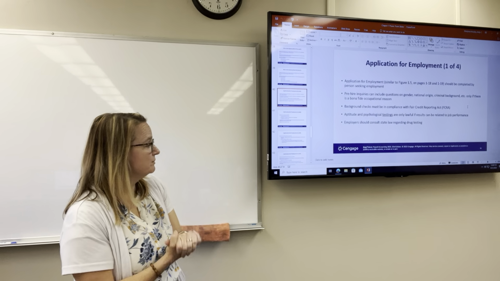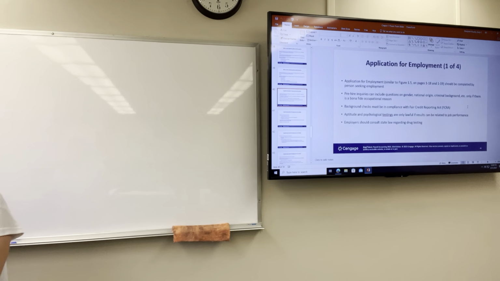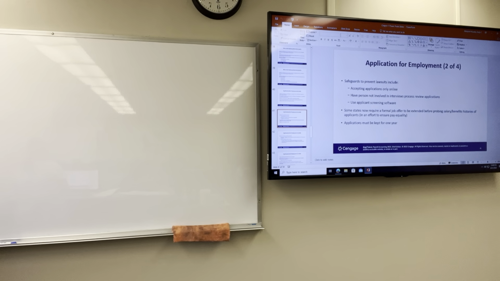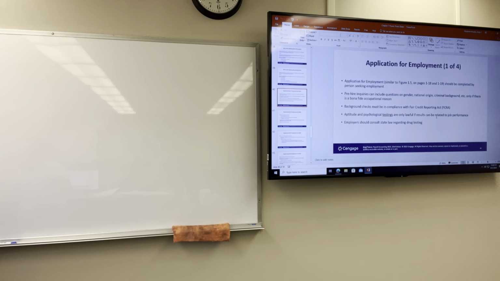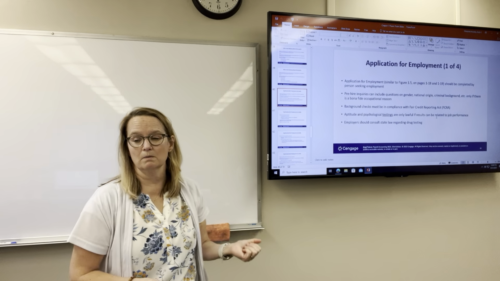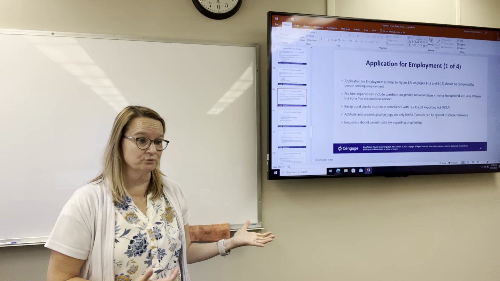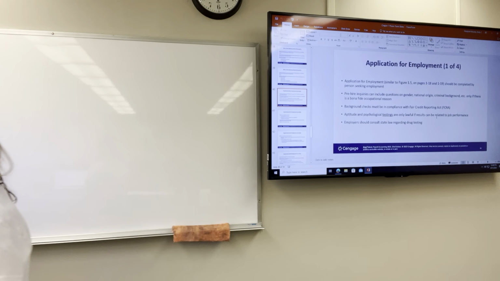The Fair Credit Reporting Act restricts how those criminal background checks can be performed. You can only perform aptitude and psychological tests, again, only if it's related to job performance. So police officers go through psychological and aptitude tests.